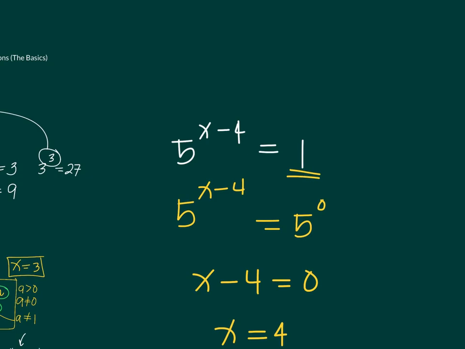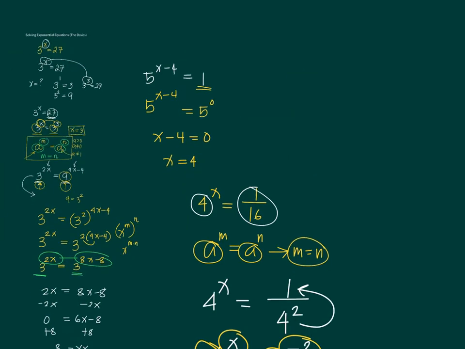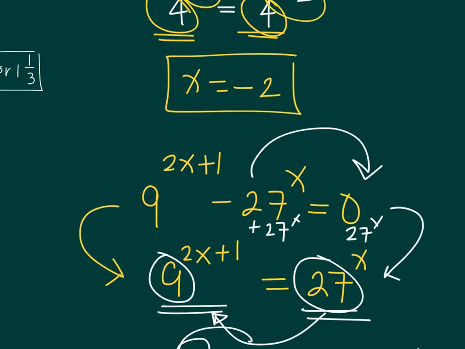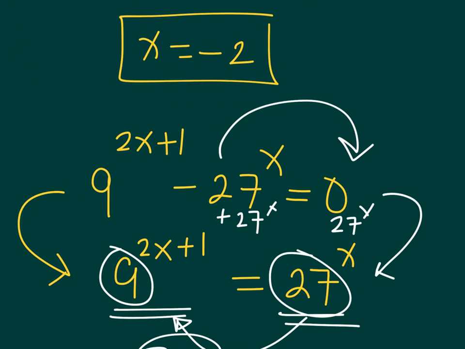So if the given equation contains expressions in which the bases are not the same, then we have to find a way to simplify them and change them into the same base. Okay, so I hope you now understand how to solve exponential equations.